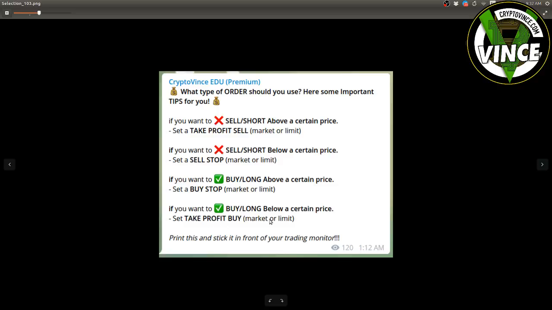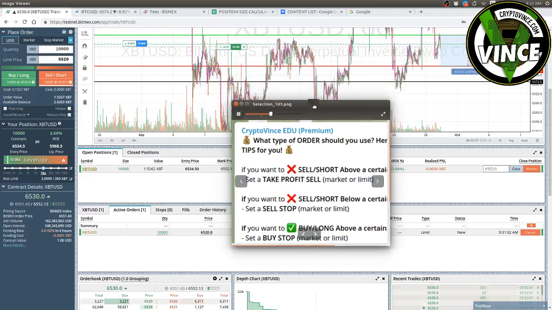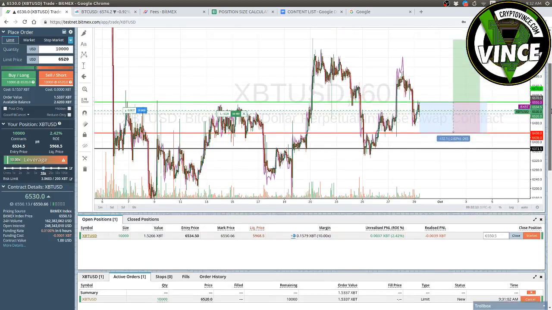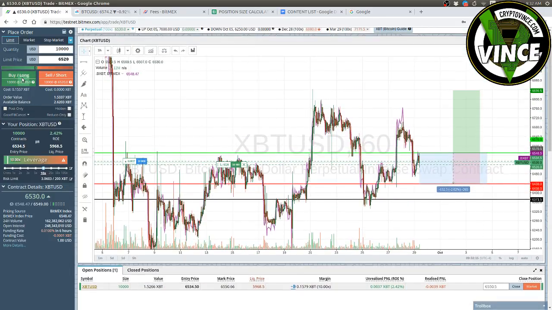So it's a take profit, market or limit. So in this case, what I want to show you guys is that you can put a limit. A limit, of course, is below a price, so you can use a limit in this case.